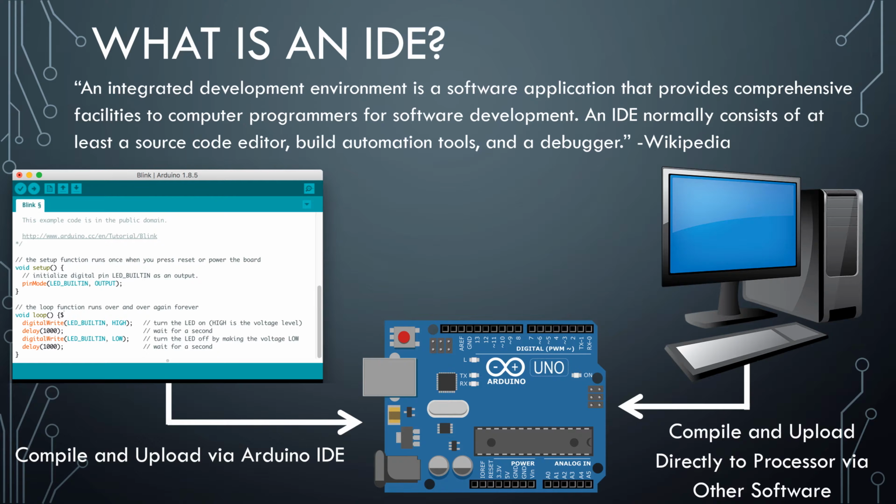Since these Arduinos usually have some sort of processor chip on the Arduino itself, sometimes you can get around using the Arduino IDE and just use a different IDE or write in a different language and compile it directly onto that chip or onto that processor. But with the Arduino IDE, you don't need to do that. You can simply write your software using the Arduino software and then upload it directly to the Arduino board.